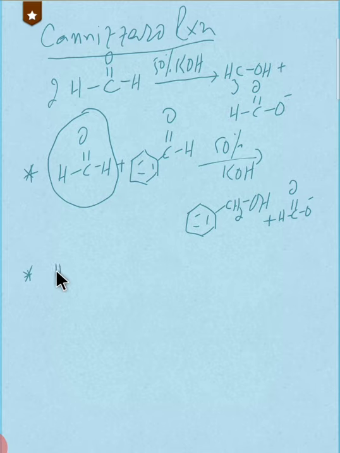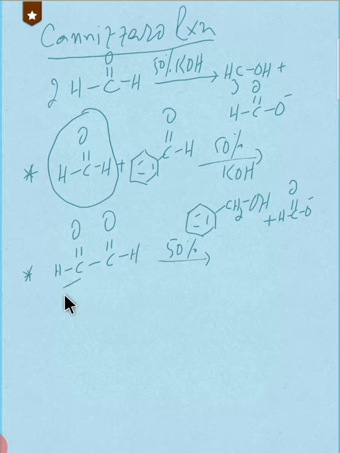intramolecular Cannizzaro reaction will take place. Suppose this is the aldehyde in which Cannizzaro reaction will take place. The product will be one of this aldehyde. Two aldehydes are here.